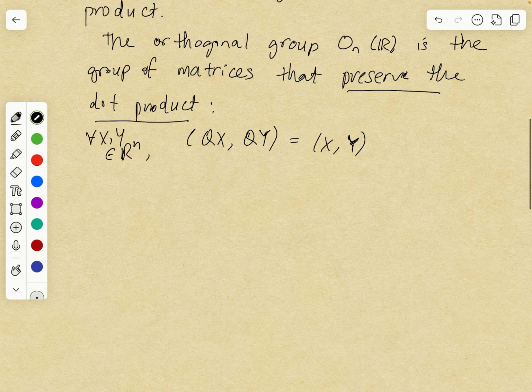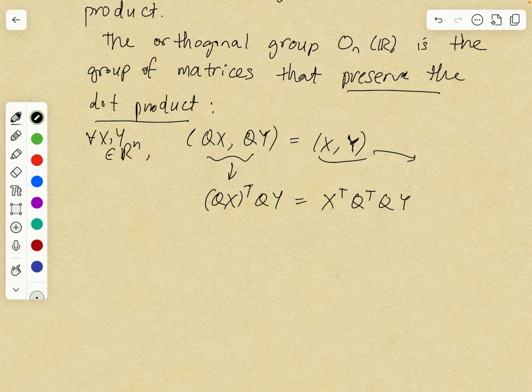Well, let's think about what that means. The dot product of Qx and Qy is Qx transpose times Qy, right? And then this is x transpose Q transpose Q y. Now on the right, the dot product of x and y is x transpose y. So in other words, we need, for all x and y in Rn, x transpose Q transpose Q y equals x transpose y.